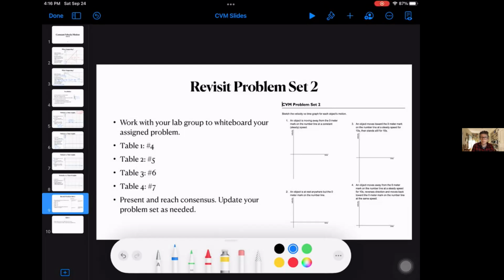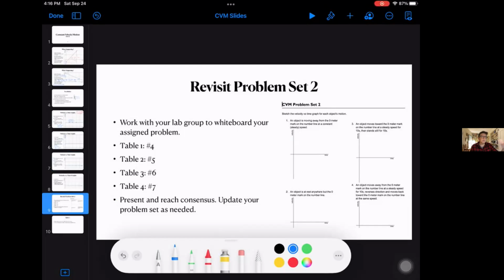You're going to solve the problem and put it on a whiteboard. Table 2, you've got problem 5, and so on down the list. Give yourselves 5 to 7 minutes to create those problems on whiteboards. Discuss among your group, get the whiteboards put together, and then present to each other and come to consensus.